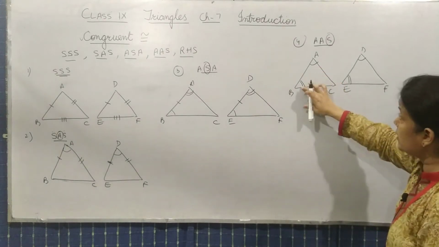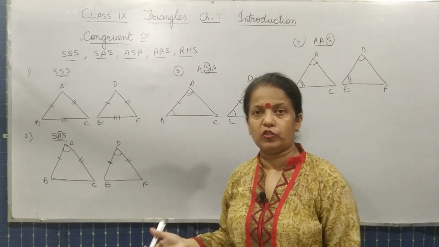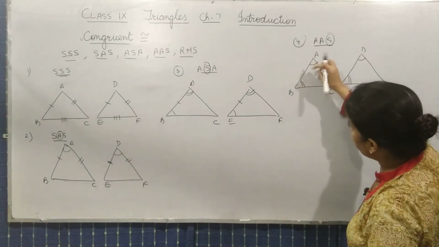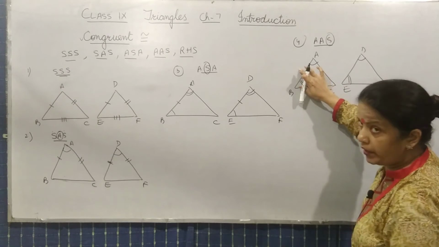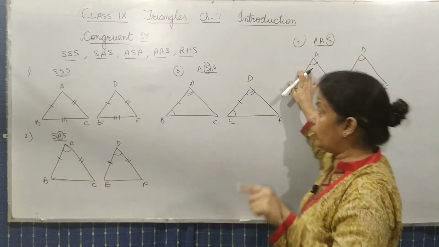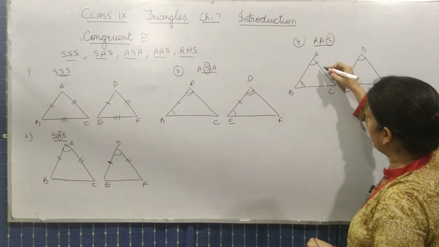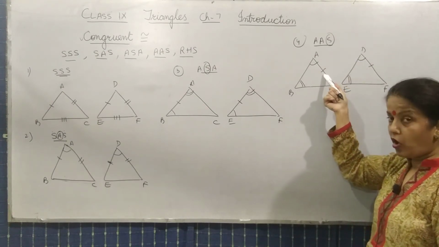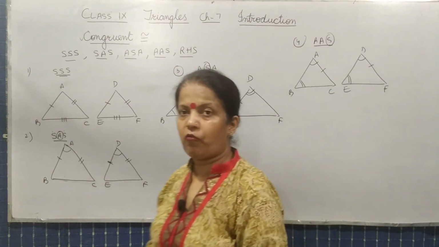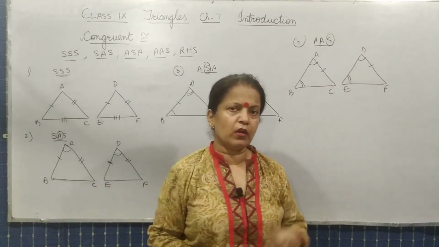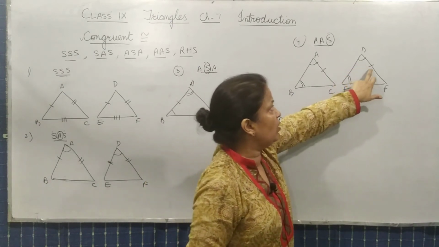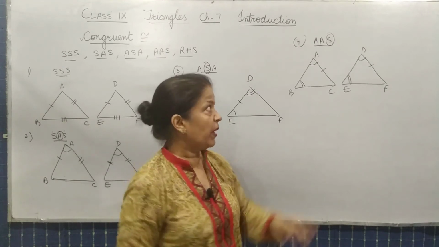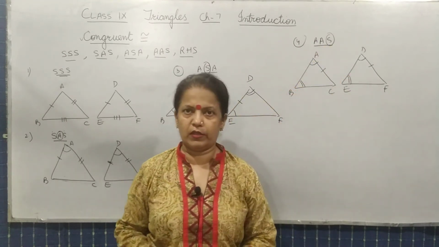So two angles and a non-included side, leaving out the one that is in between them. The included side is this one, so we will not take it, you will take the non-included. Out of these two you can take any one. So two angles and a non-included side of one triangle equal to the corresponding two angles and non-included side of another triangle, then the triangles are congruent by AAS congruency.